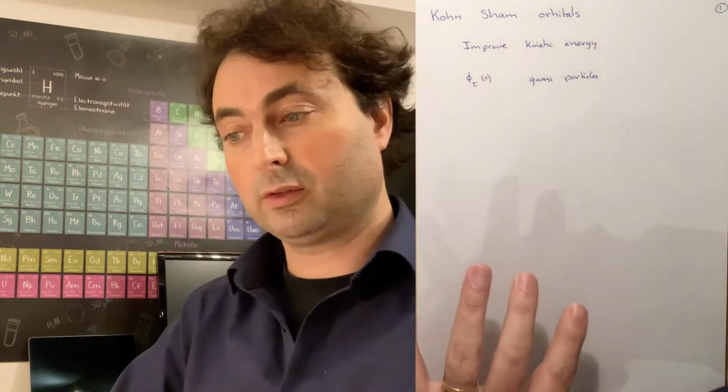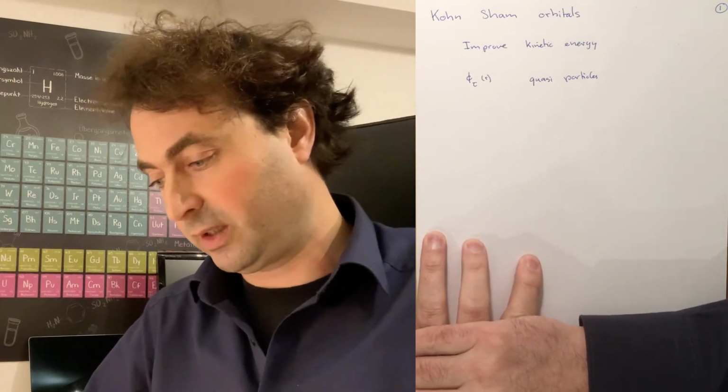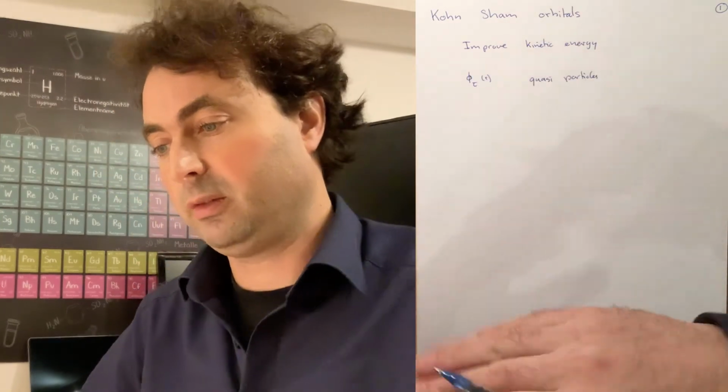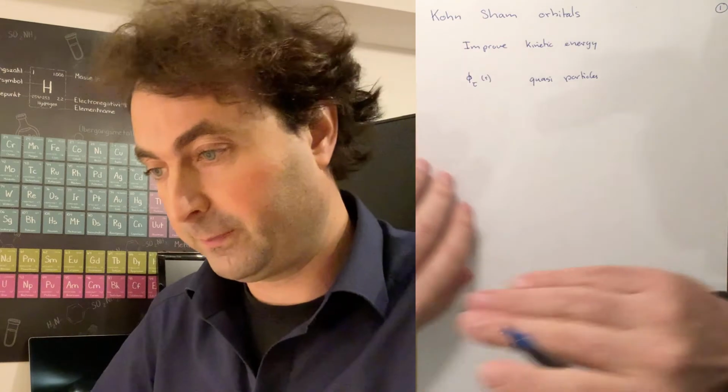It's very important to realize that these are not the exact electrons that are represented by these wave functions, but some quasi-particle that we can talk about and that we can still calculate with.